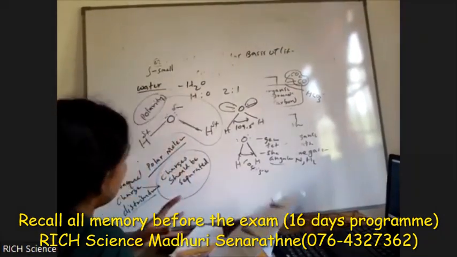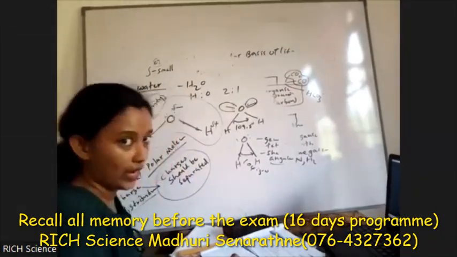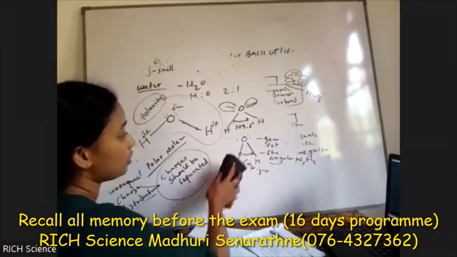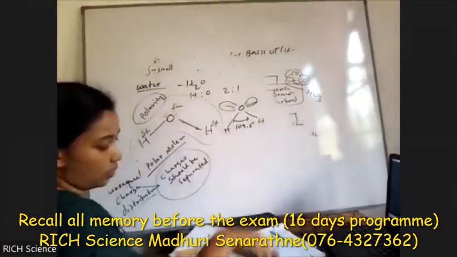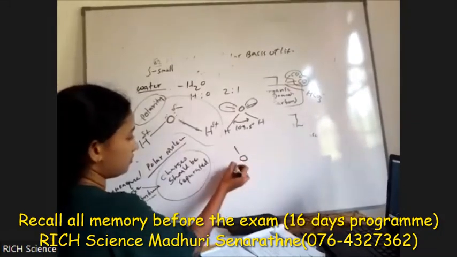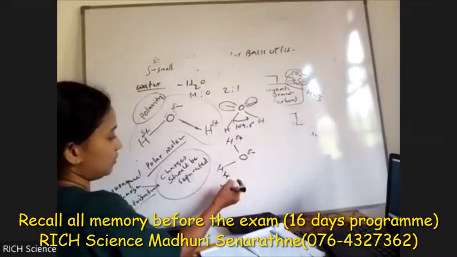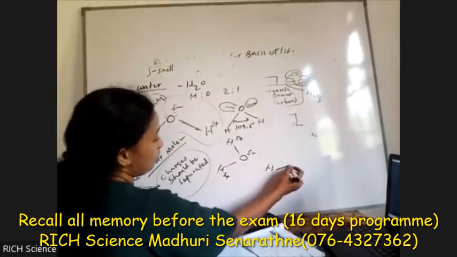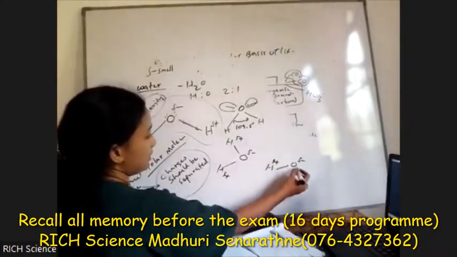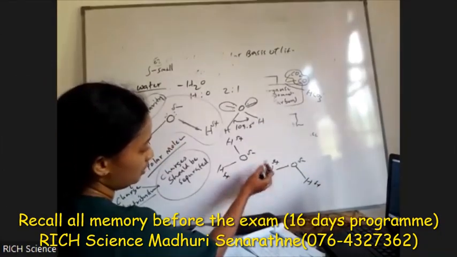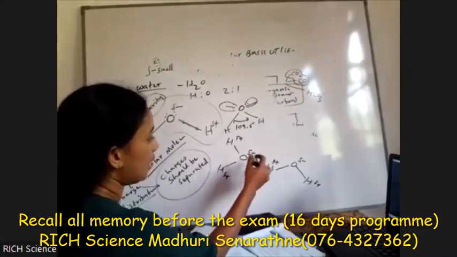Okay. And what about the intermolecular interaction between a water molecule and another water molecule? If this is a water molecule, you know delta minus, delta plus, delta plus. This is another water molecule, delta minus, delta plus, and delta plus. Between these two, you know, there are hydrogen bonds.